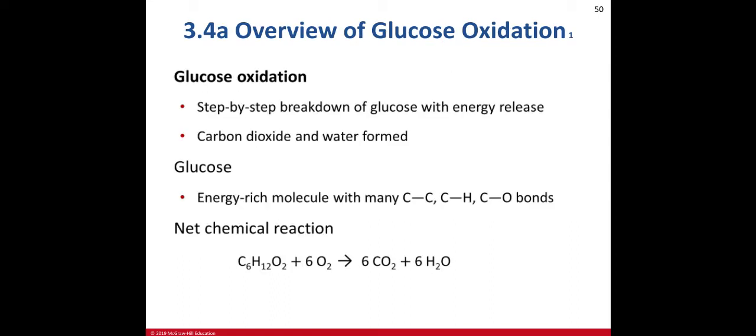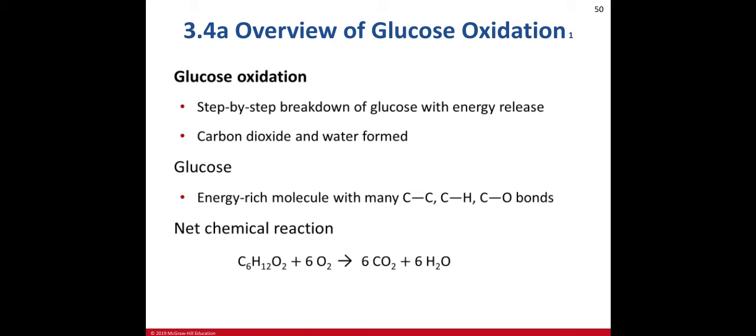So, what are these steps here in getting ATP? Well, we need glucose oxidation. We're going to break down glucose, and that breaking down is going to release energy. From the breakdown of glucose, we get carbon dioxide and water.